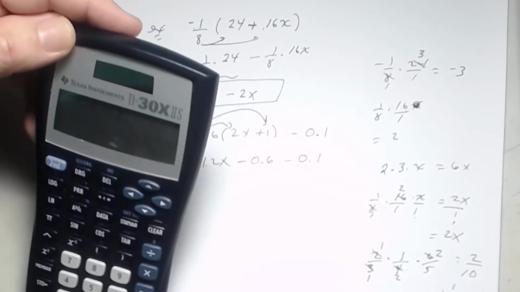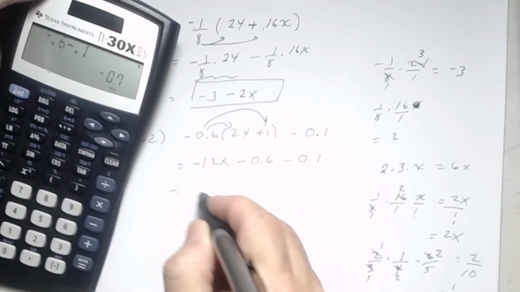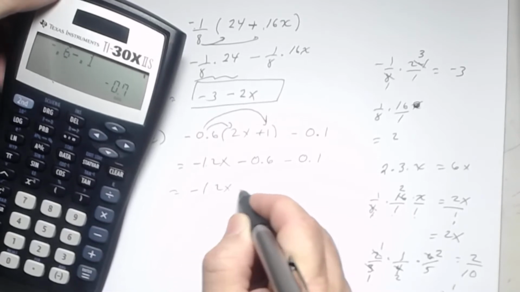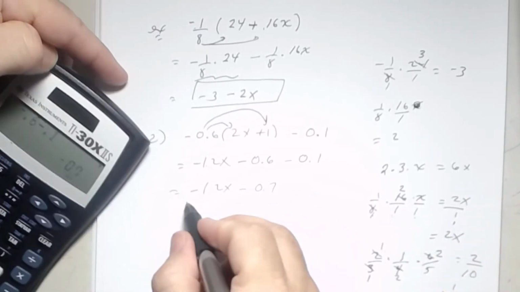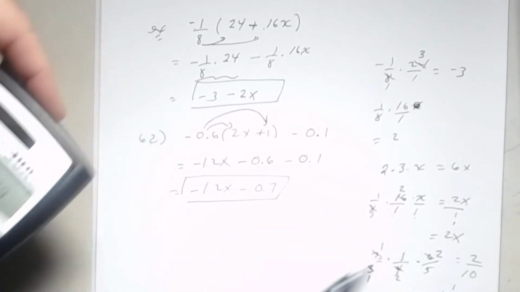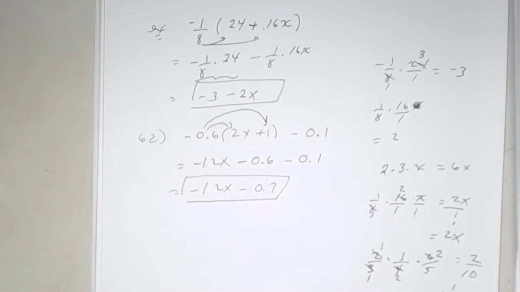Negative 0.7, right? Okay. So yes, it would be negative 1.2x minus 0.7. So with the decimals, just use your calculator.